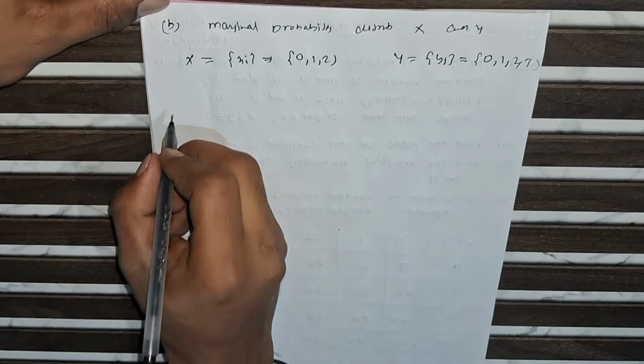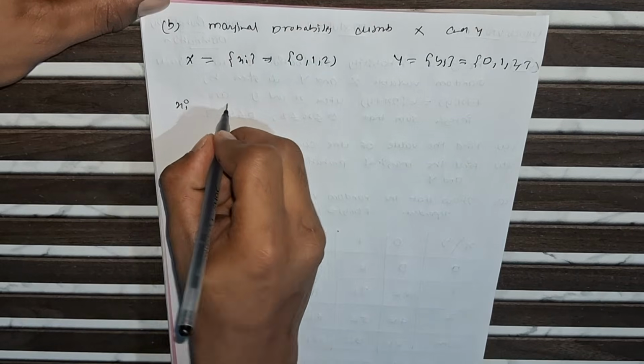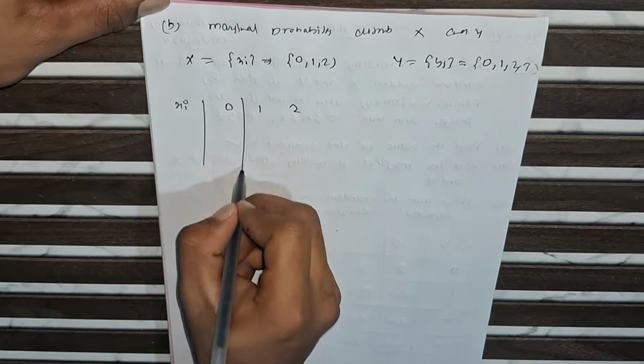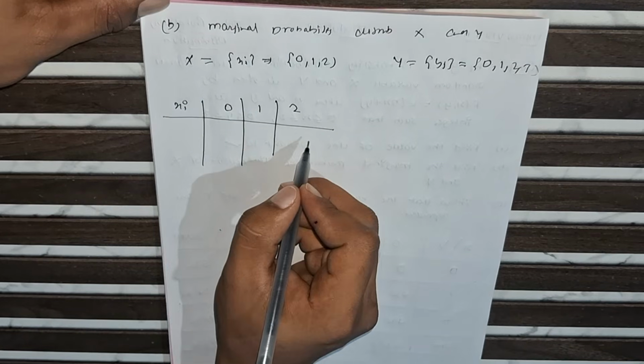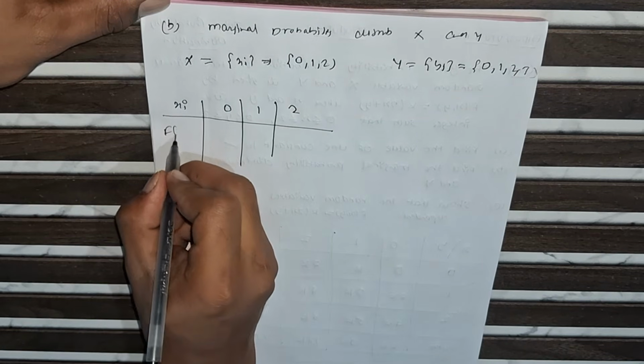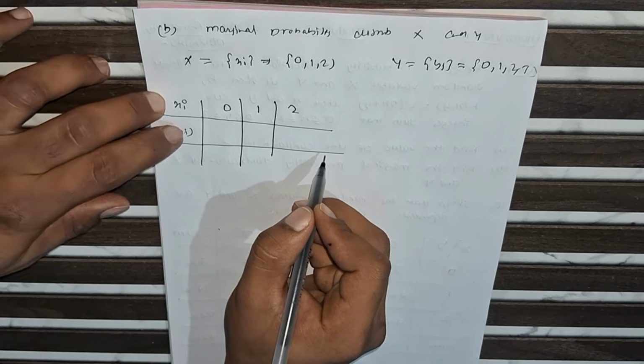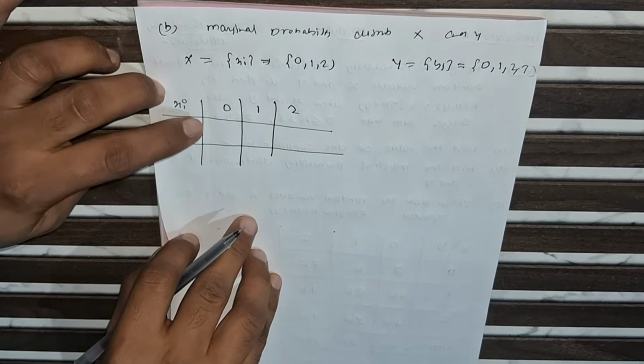So now go for f of x_i, which is going 0, 1, 2, and our function is f of x comma y. So what is the value? At 0, the sum is 0.